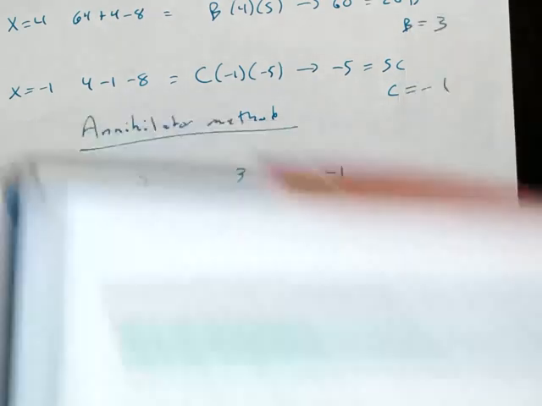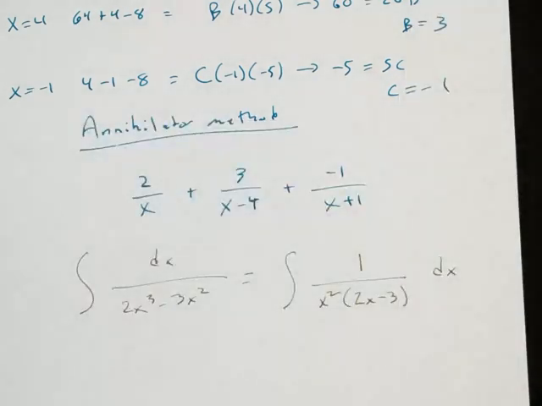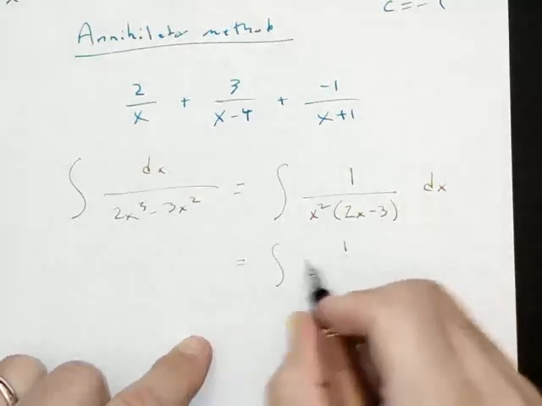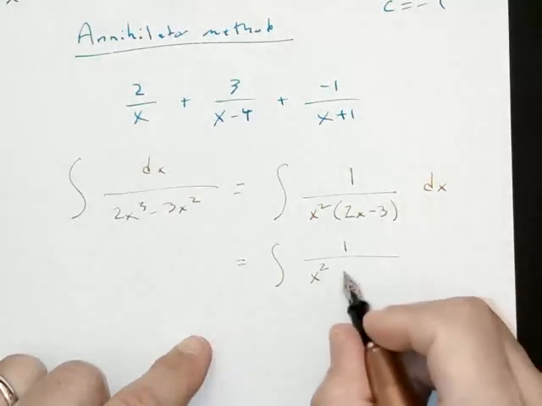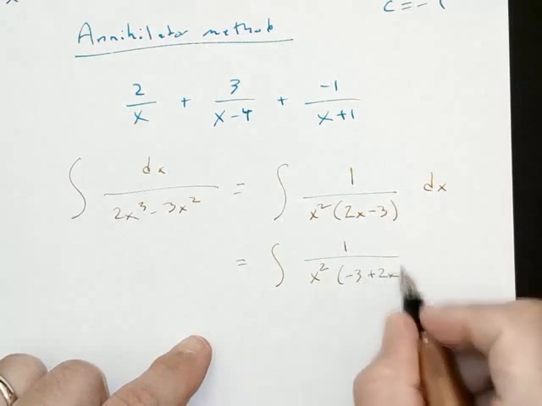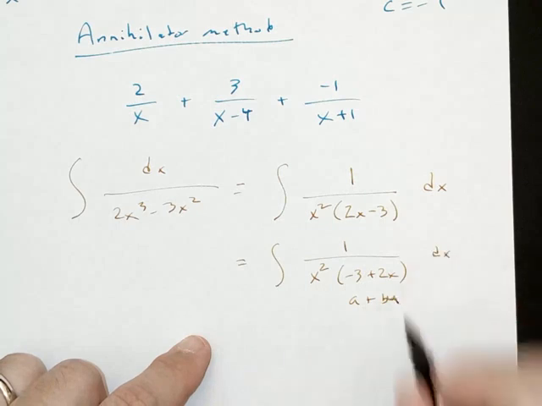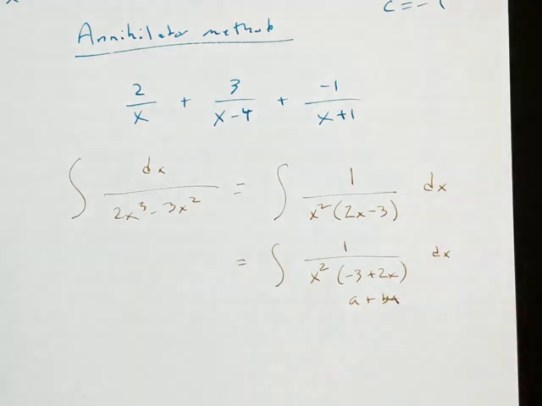So I'm going to rewrite that fraction at the bottom one more time. And instead of writing it as 2x minus 3, I'm going to write minus 3x plus 2. Now that looks like that a plus bu, only I'm using x instead of u, right?